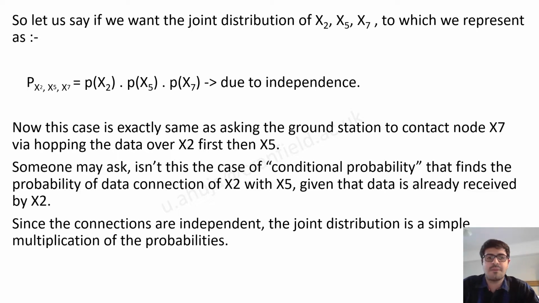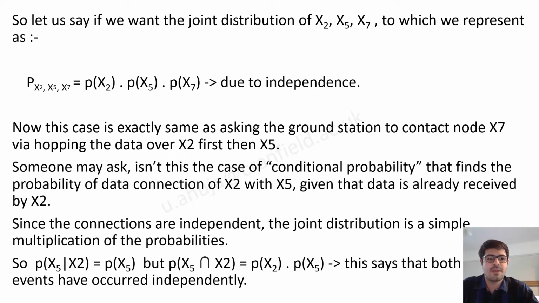They are just independent events happening in time. Conditionally, we also evaluate this for completeness: P(X5 given that X2 has occurred) is equal to P(X5), because P(X5 along with X2) is equal to P(X2) times P(X5). This says that both events occur independently, so the occurrence of X2 is independent of the occurrence of X5.